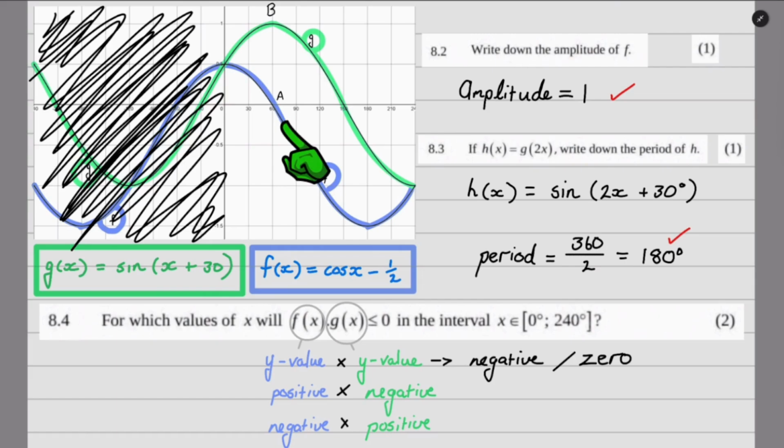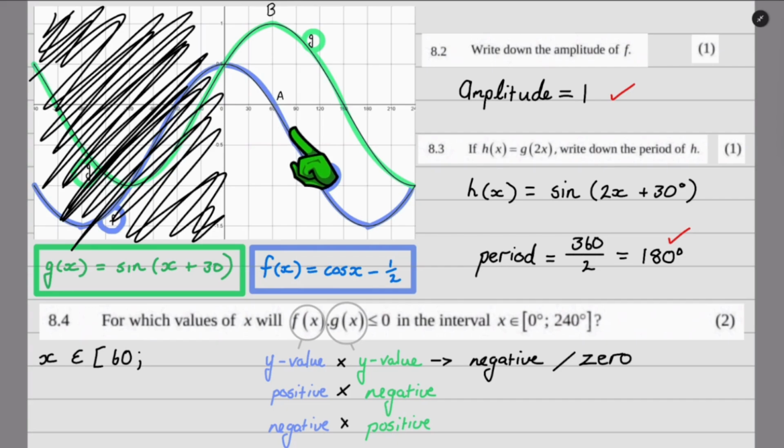Now all of a sudden the blue graph has a negative y value and the green graph has a positive y value. So it's working after 60. I'm going to start formulating that over here. So this is saying it starts happening at 60, and I'll put a square bracket because we have an equals to inequality over there.